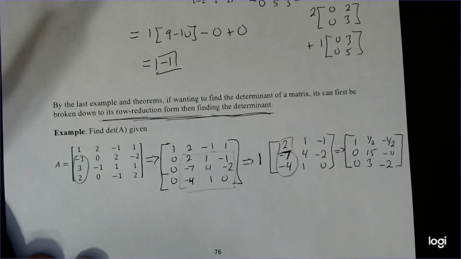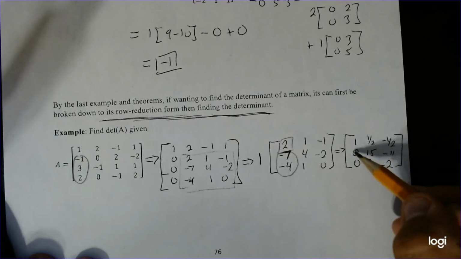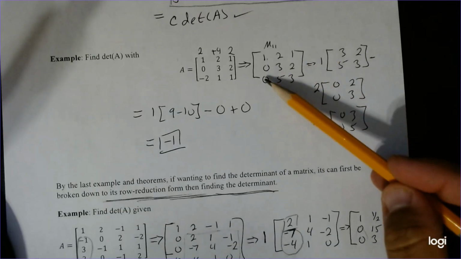And now again, if I just do the determinant here, the zeros will cancel everything else like we proved right here, literally just cancel away. So now I can find my determinant quite easily.